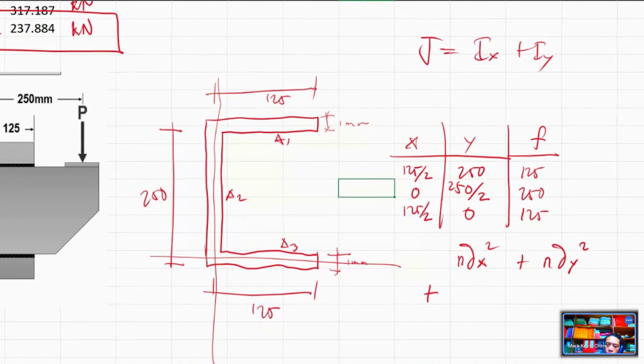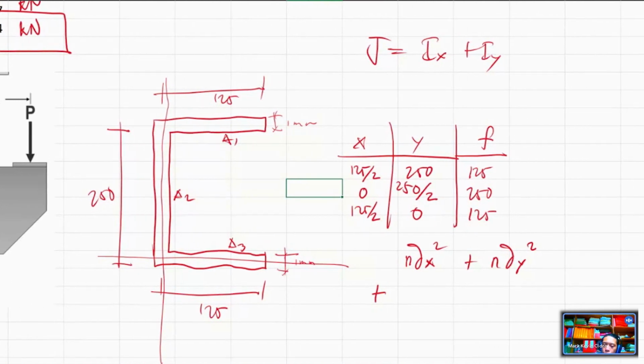First, area 1. What is the moment of inertia with respect to the x-axis? That would be 125, the base, multiplied by 1 cubed over 12. Then area 2: 1, which is the assumed width of the weld, times 250 cubed over 12.